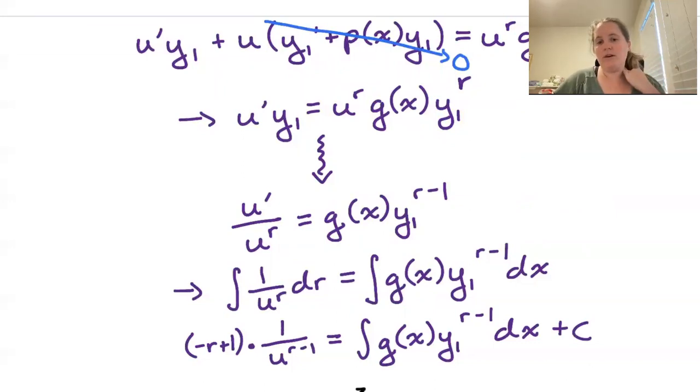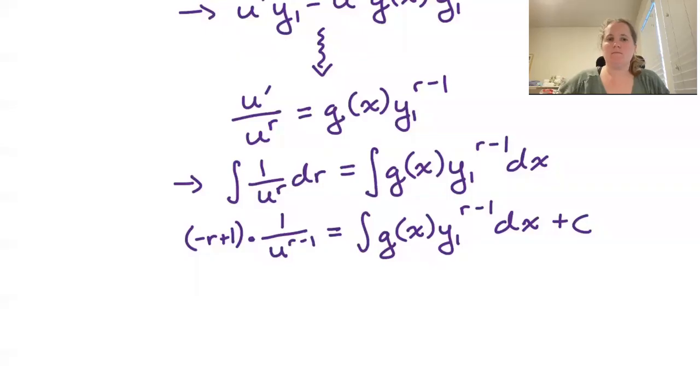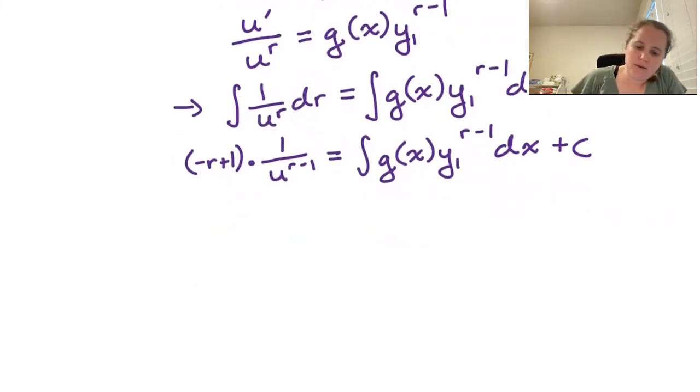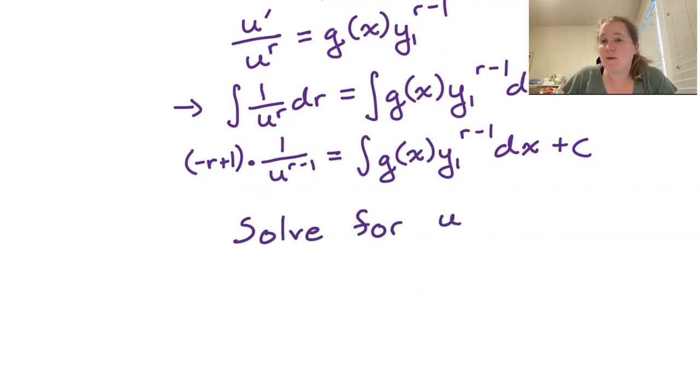and then we can solve for y, right? So I'm just going to give myself a little more space first. So again, from here, you could solve for u. It will likely involve taking roots and doing some reciprocals, right?